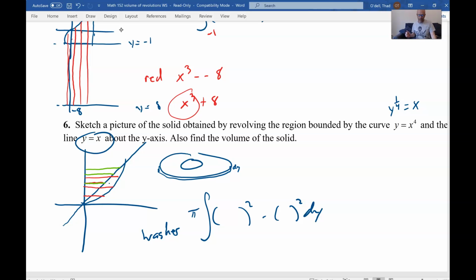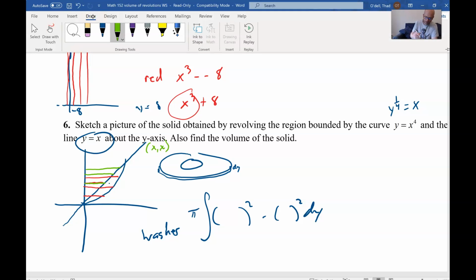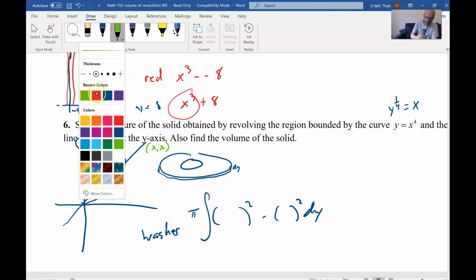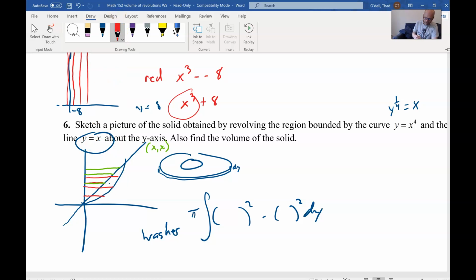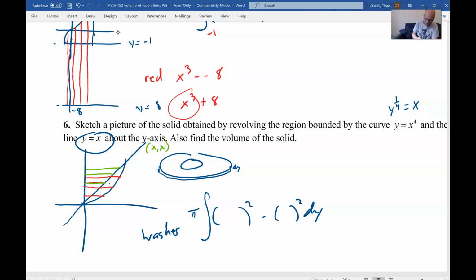Any point on this line, if we do it in terms of x, is going to be x comma x, isn't it? Because it says x and y are equal to each other. And any point on the outside line is going to be x comma, oh whoops, we want this in terms of y.